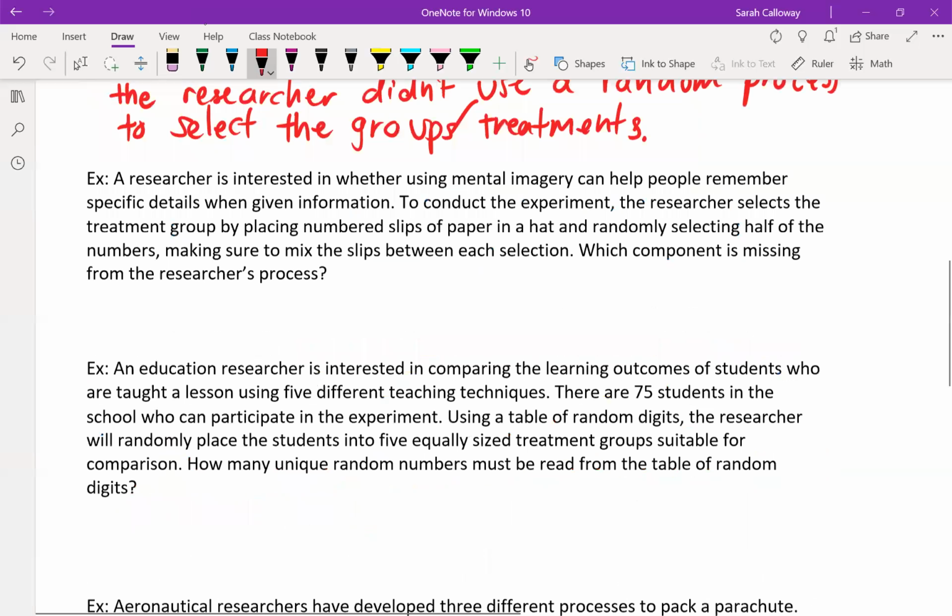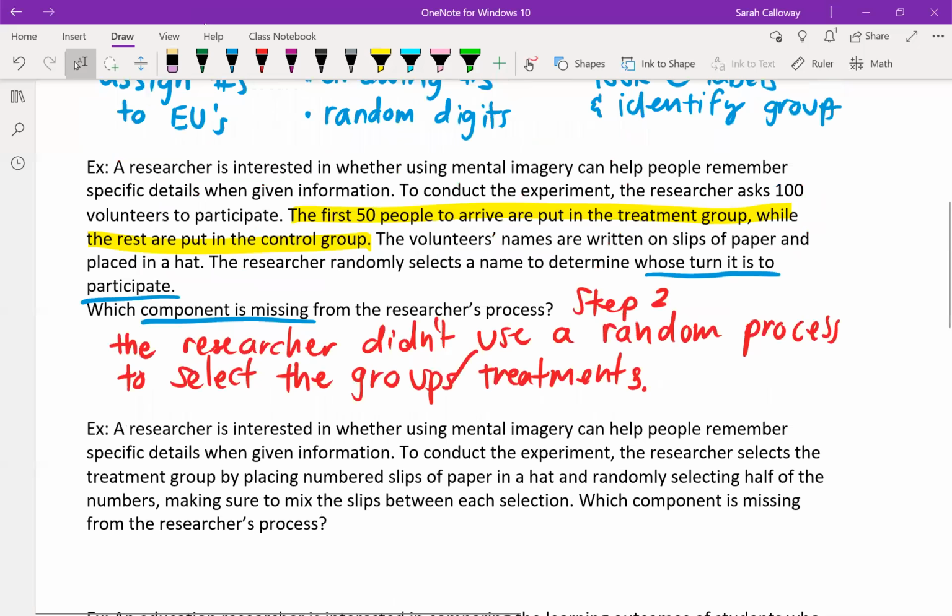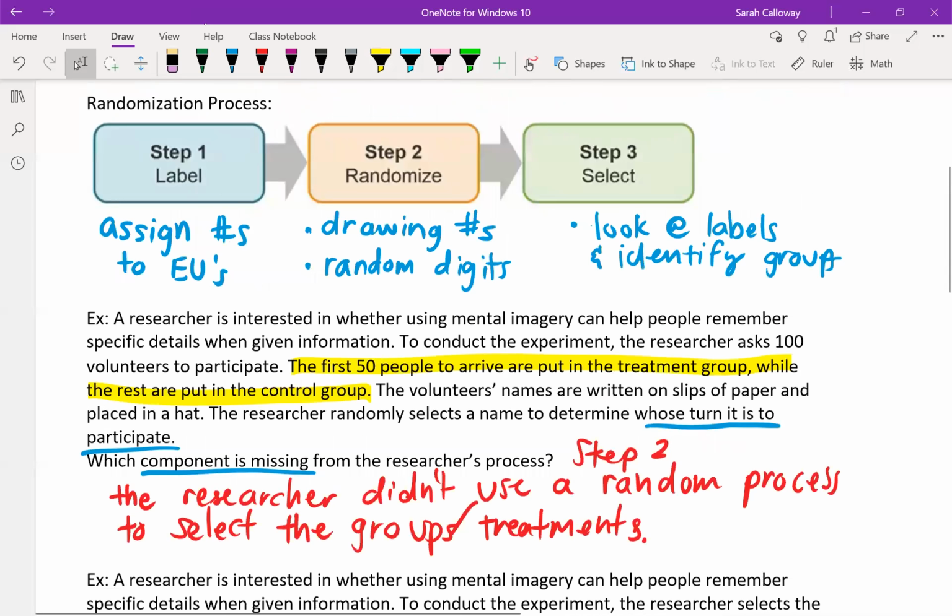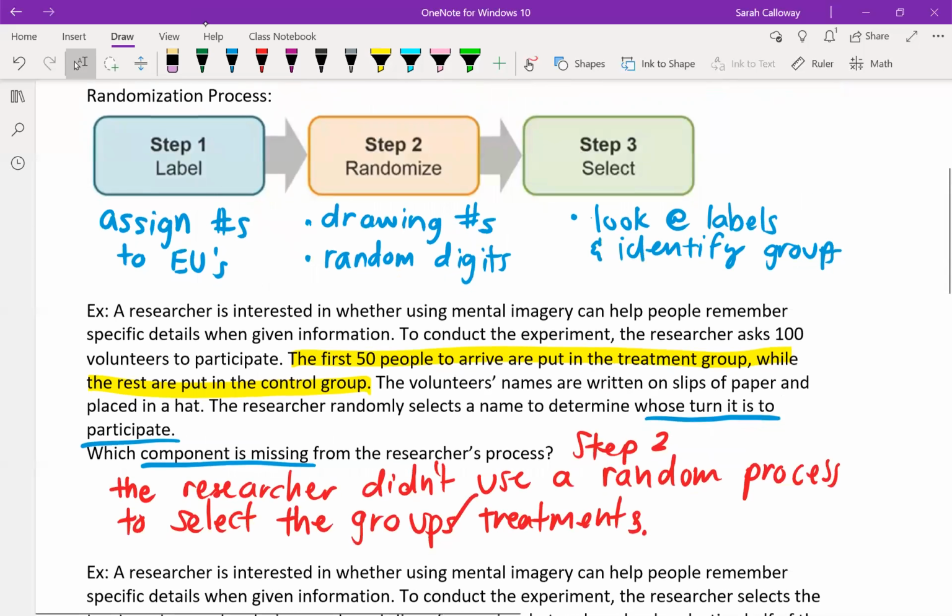In the next example, a researcher is interested in whether using mental imagery can help people remember specific details with given information. Same situation. To conduct the experiment, a researcher selects the treatment group by placing numbered slips of paper in a hat and randomly selecting half of the numbers, making sure to mix the slips in between each selection. Which component is missing from the researcher's process? If we think about where that sentence started, it actually started with step 2, right?